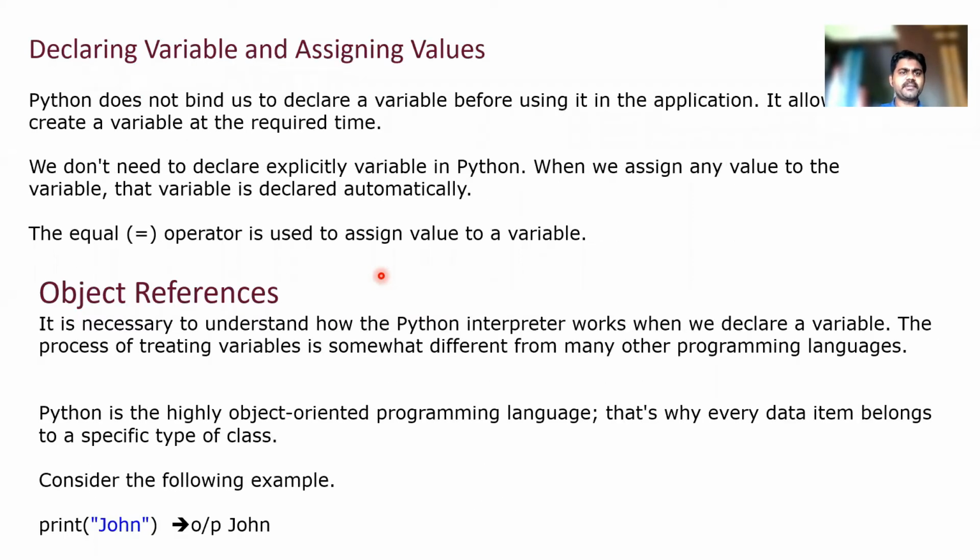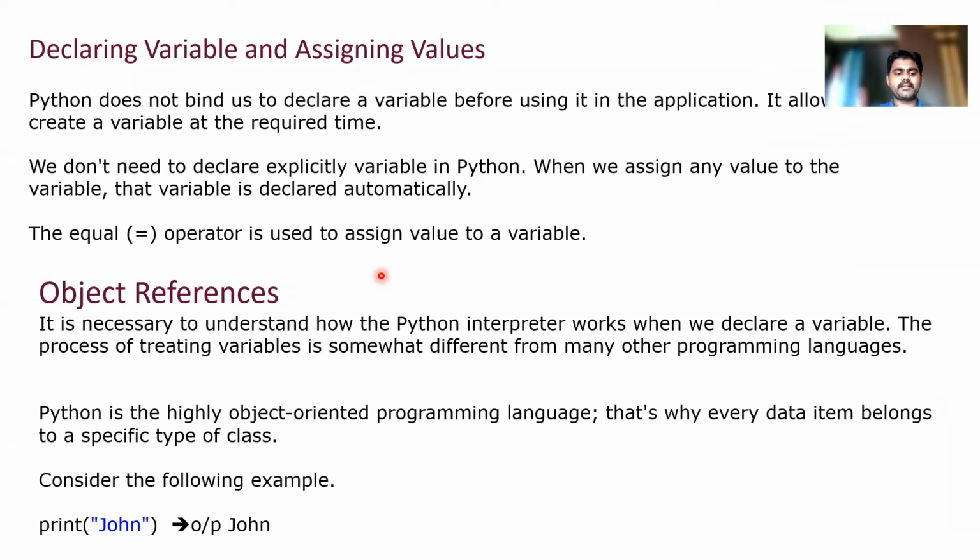Now, declaring variables and assigning values. How do we declare a variable and assign a value? Python does not bind us to declare a variable before using it in the application. It allows us to create a variable at the required time. So no need to specify int a and later declare a equal to 10 like we do in a C program. We don't need to declare variables explicitly in Python. When we assign any value to the variable, that variable is declared automatically, then and there.